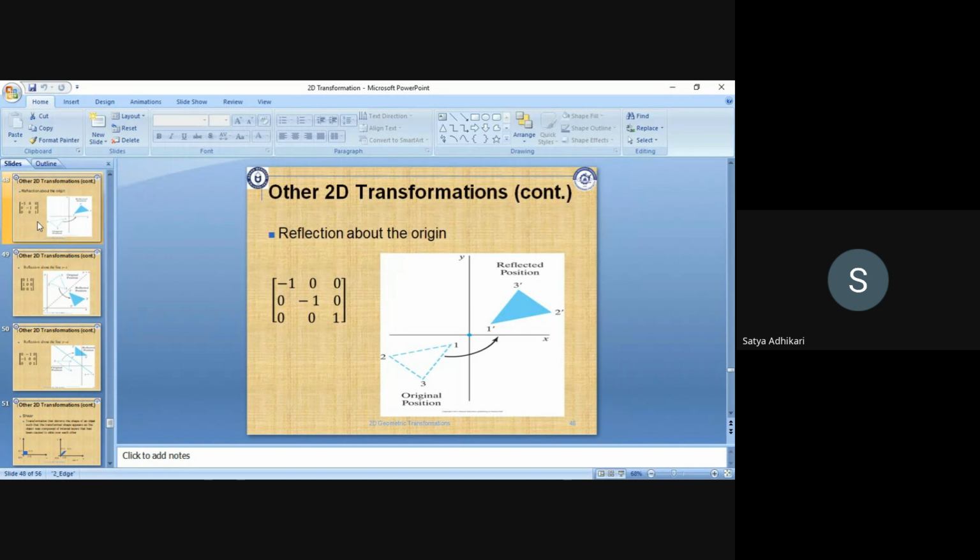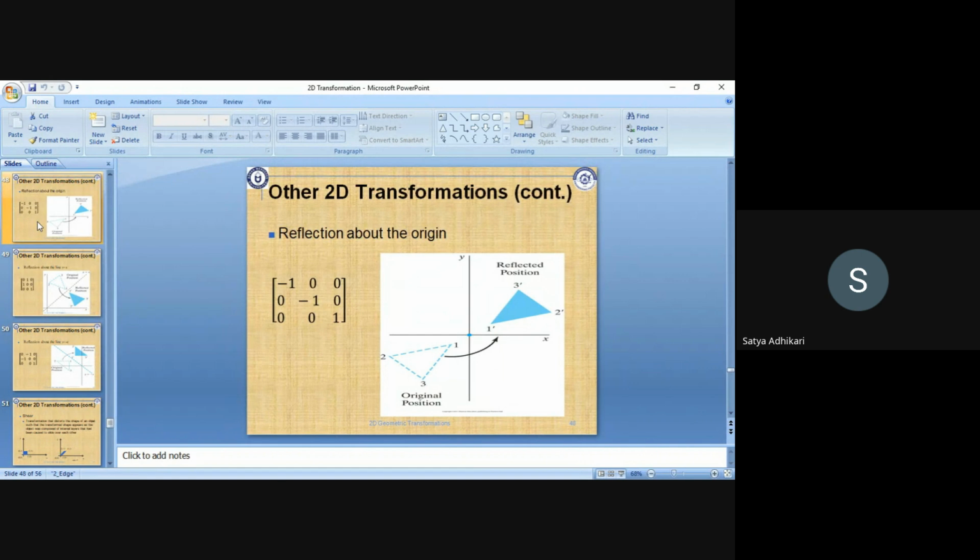For the x-axis, there was a minus 1 in the second row, and about the y-axis the minus 1 was in the first row. Now we combine both.